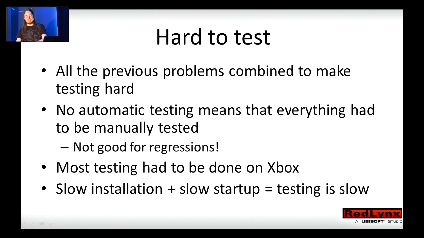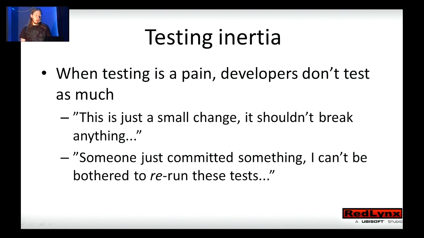Because the manual testing was so slow, we had to copy data, we had to test on Xbox 360, we had to actually start the game, load the game. With a big game, like we had a 2 GB image at that time, it took a lot of time to load it and start the levels and test everything. So that took so much time that it created a lot of inertia for the testing.